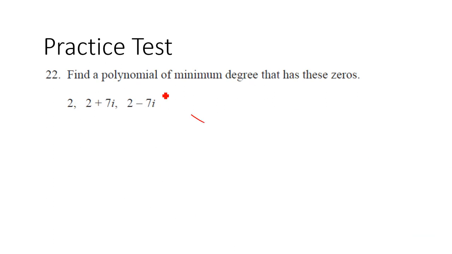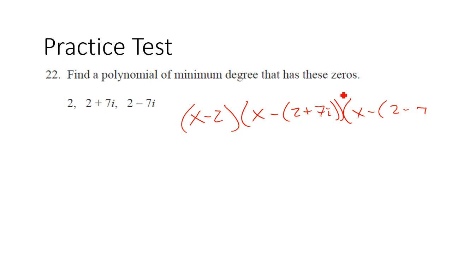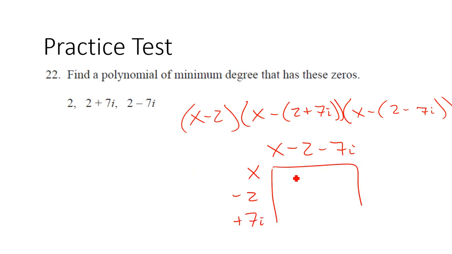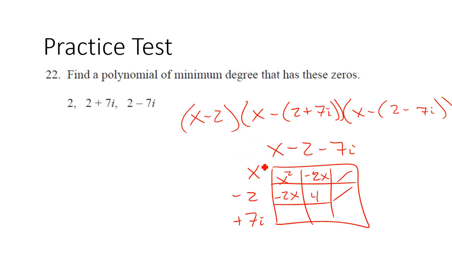22, same deal. x minus 2, x minus 2 plus 7i, x minus 2 minus 7i. So we've got x minus 2 minus 7i and x minus 2 plus 7i. x squared, negative 4, negative 2x, negative 2x, positive 4, cancel, cancel, cancel, cancel, and this will be negative 49i squared, so positive 49.